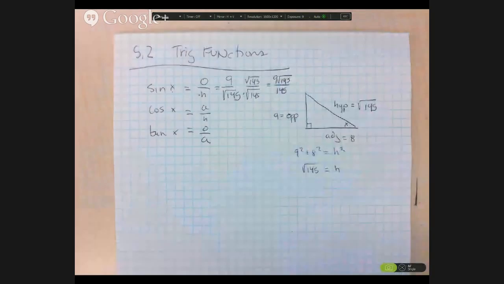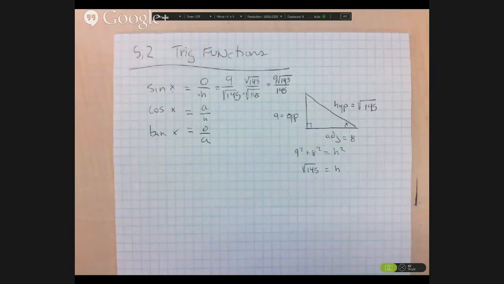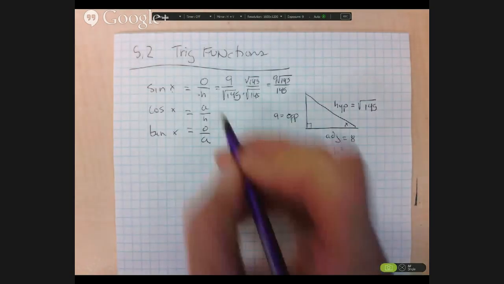And I don't think we can simplify that one, can we? 145 divided by 5 is 29. Yeah, we're good. Okay, what's cosine of X?